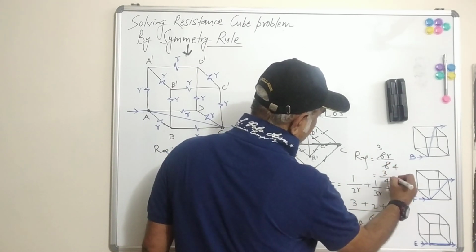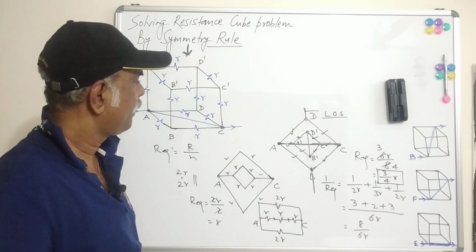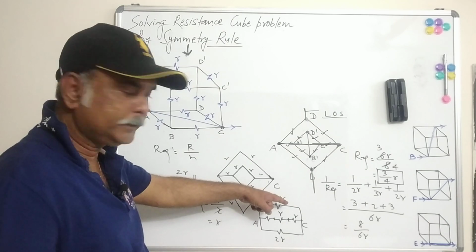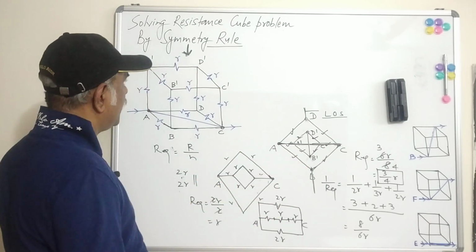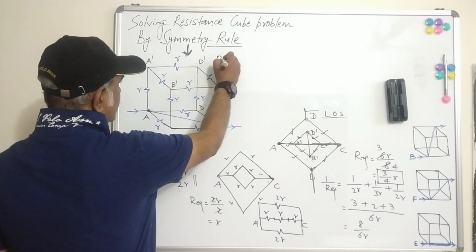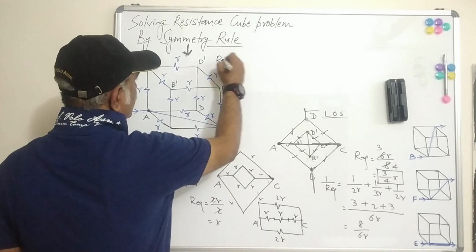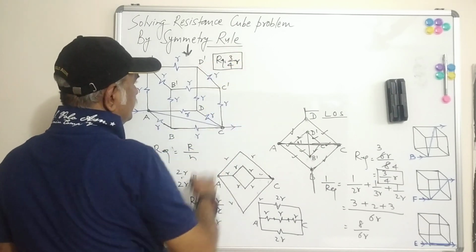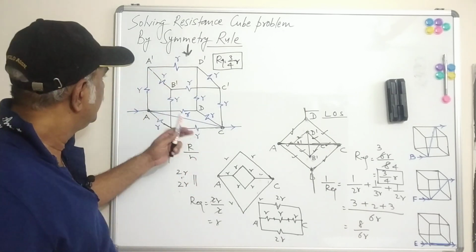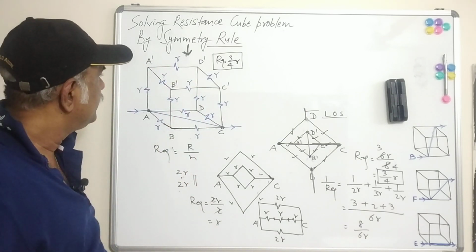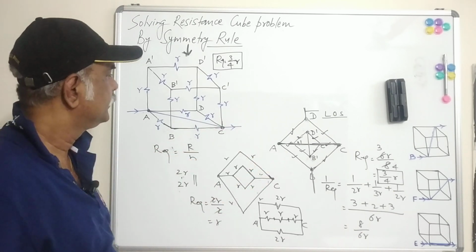So 3 by 4R is the equivalent resistance. Am I clear? So we have found that 3 by 4R is the equivalent resistance. This is how this resistance cube network is solved using symmetry.